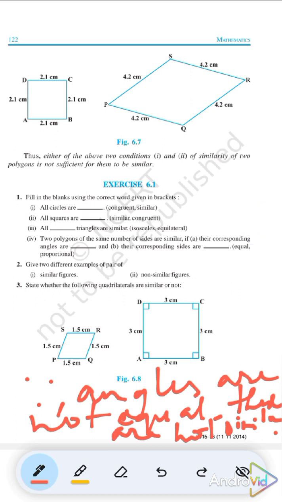So the answer is, since the angles of both the diagrams, PQR rhombus and ABCD square, are not equal, hence these are not similar quadrilaterals. This is the answer for this question.